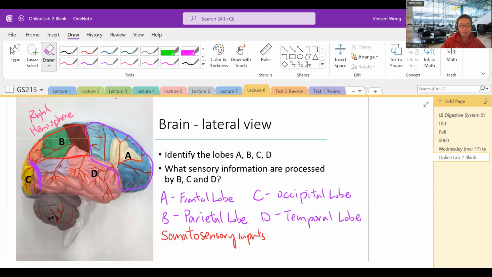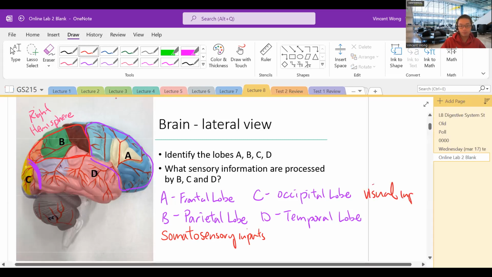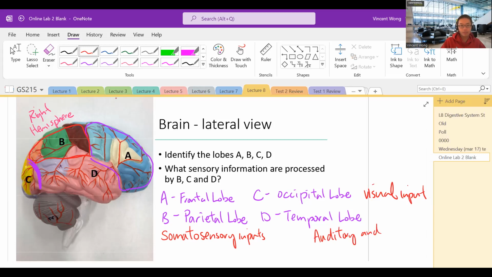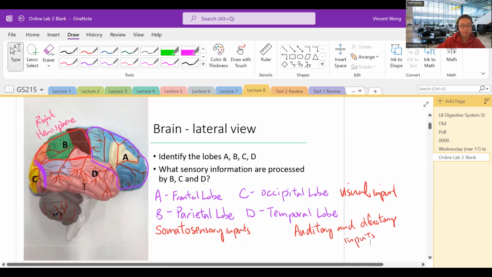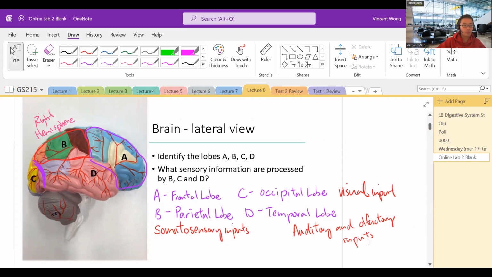For C, it is the occipital lobe, so that is visual input. And for temporal, it is auditory, which is sound, and olfactory, so smell and sound. That is what they will process.